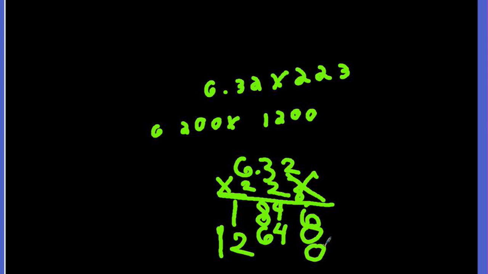We're going to add another 0 to it. Now we're going to cross out this 2. 2 times 2 equals, let's see, 2 times 2 equals, I need to erase this. I made the 12 too big.